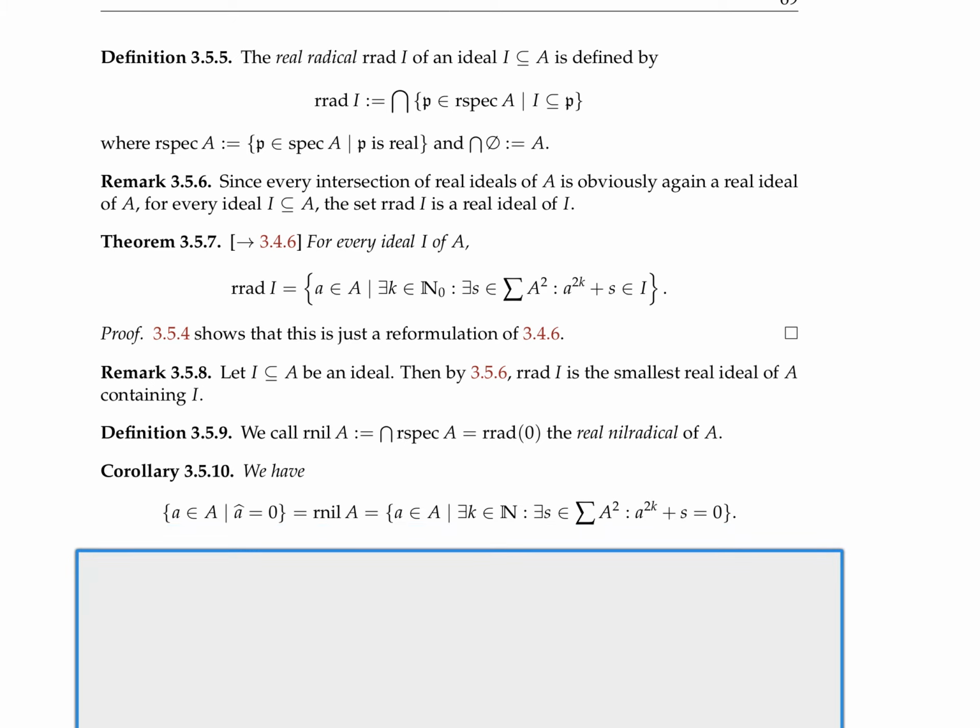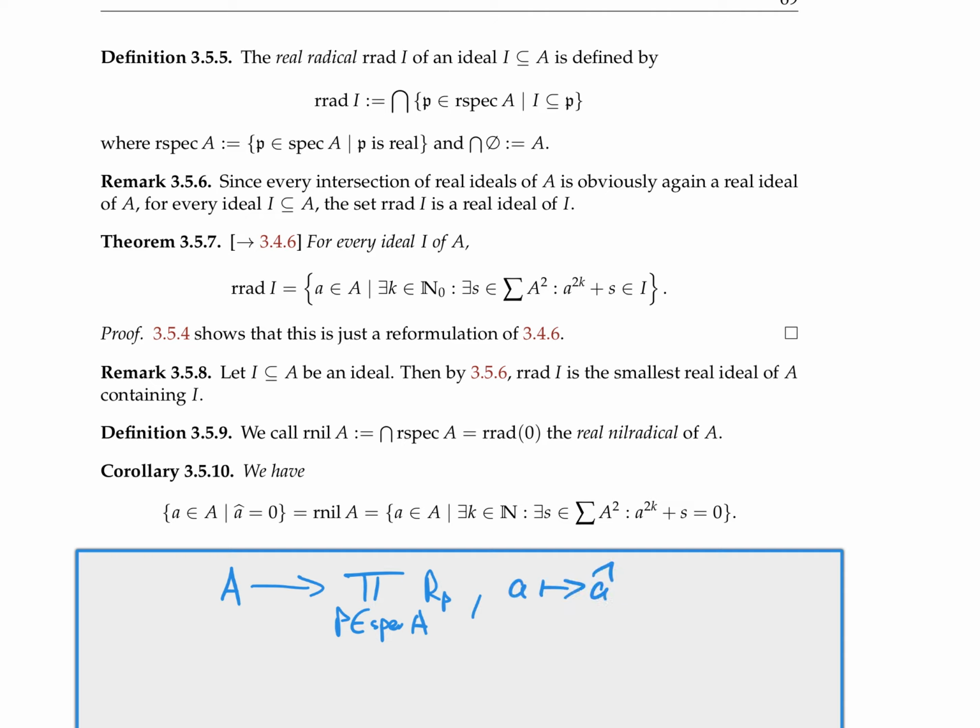And as a corollary, we had this representation A goes to A hat, if you remember, right? We had this real representation of A, into this direct product of real closed fields, which we use now all the time.